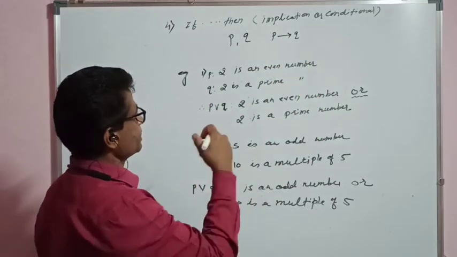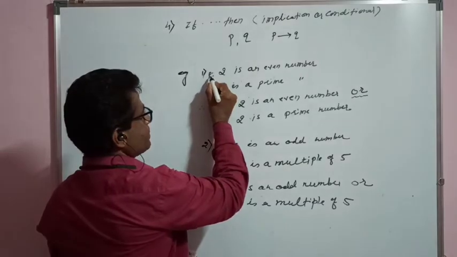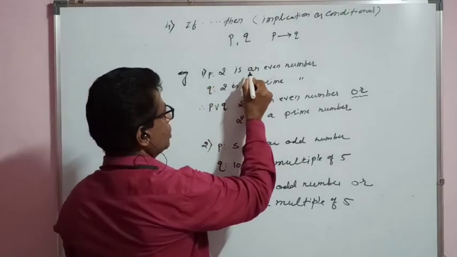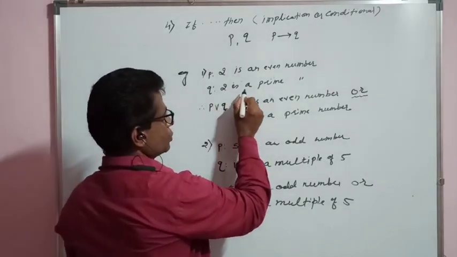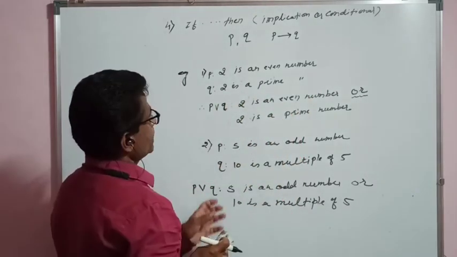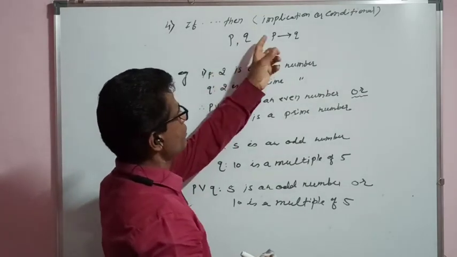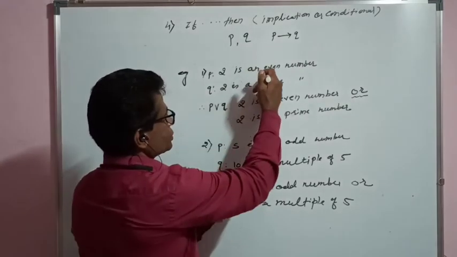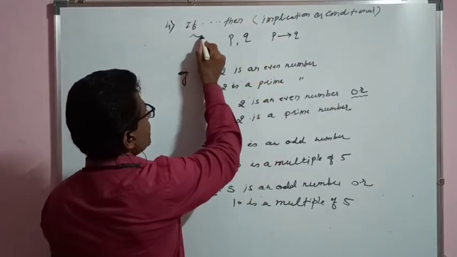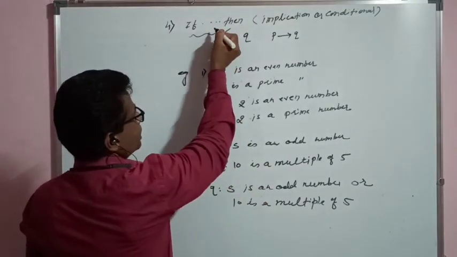Take two examples. Example number 1. Let P be the statement 2 is an even number. Statement Q: 2 is a prime number. Then let us write down these two statements in the form of an implication or conditional. We combine these two statements by using the connective if then.